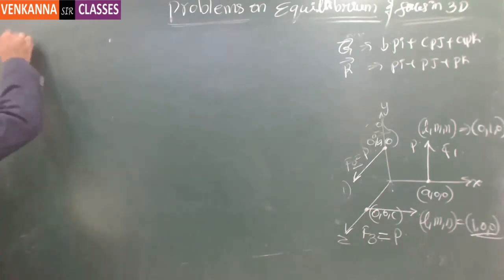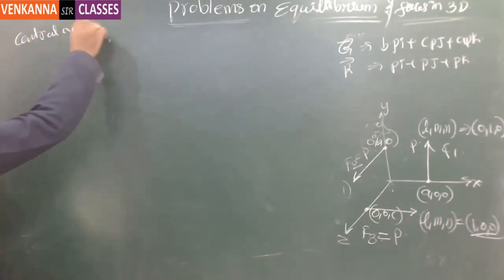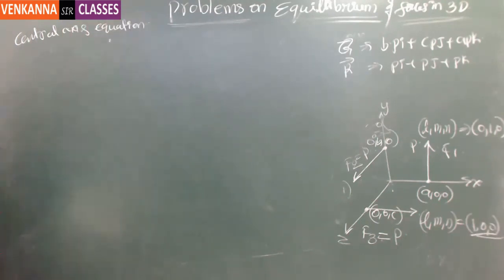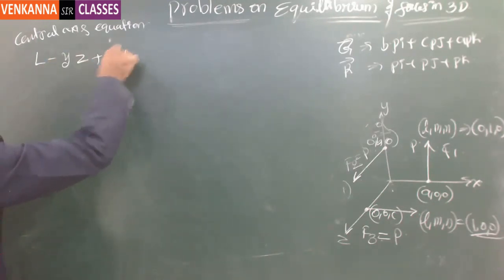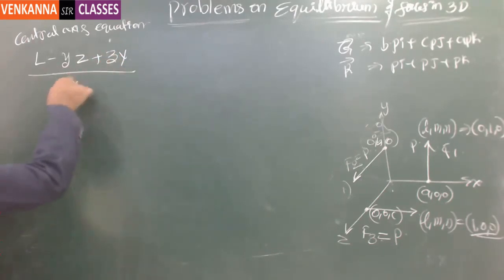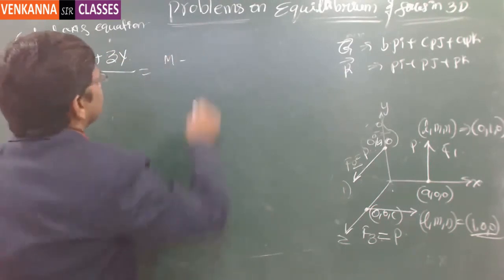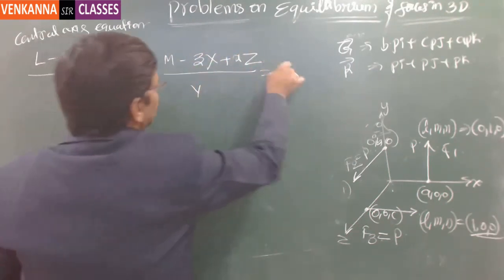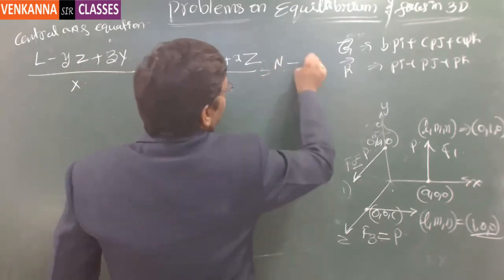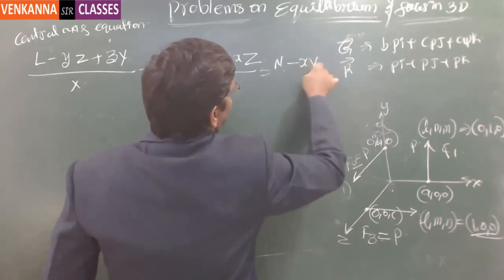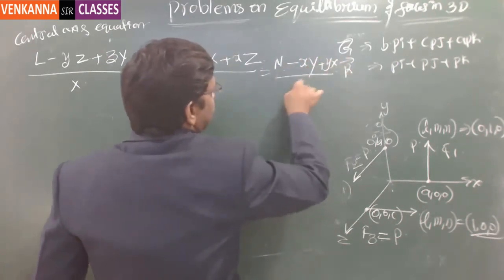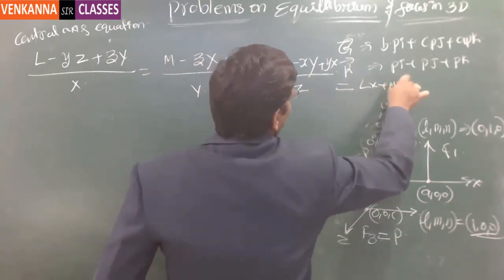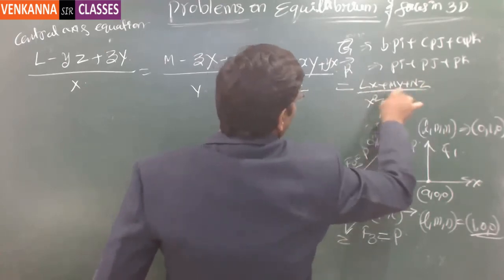The equation of the central axis is L minus YZ plus ZY divided by X is equal to M minus ZX plus XZ divided by Y is equal to N minus XY plus YX divided by Z is equal to LX plus MY plus NZ divided by X square plus Y square plus Z square. Right?